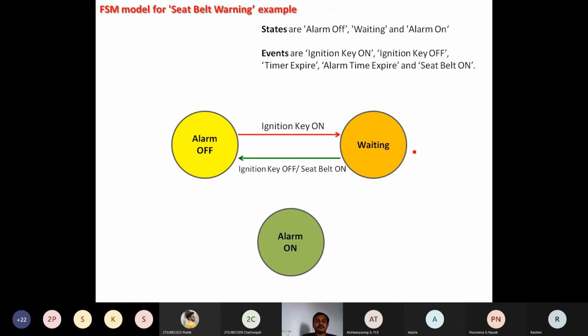Then another transition happens from the wait state to the alarm off state when the event ignition key off occurs. When the car is off, obviously it has to come out immediately from any state, any situation, to alarm off.